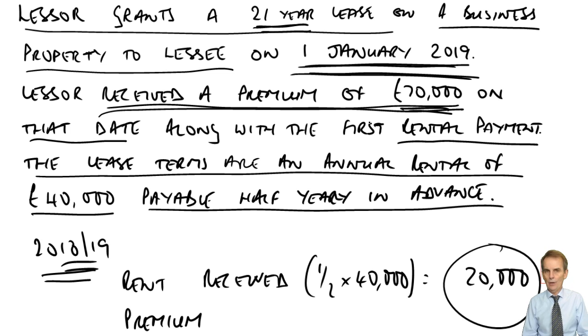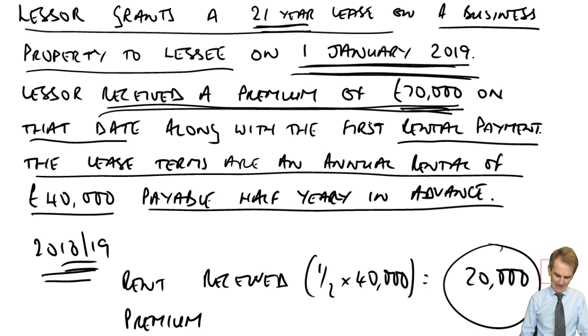Not all unincorporated traders choose to prepare their accounts to the 5th of April, to make it synonymous with the tax year. You can choose any accounting date that you will. So we have to deal with the accounting period in which the lessee has paid that premium and, of course, any rental due.